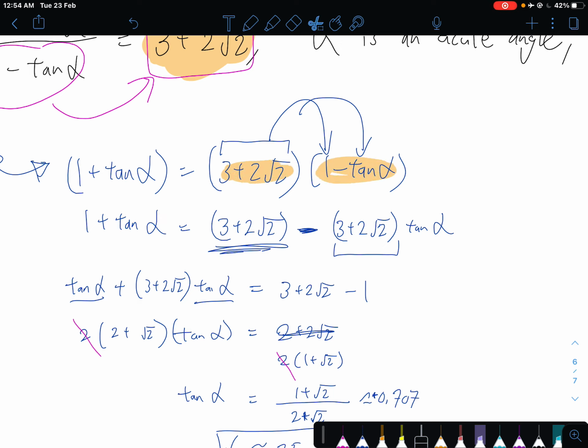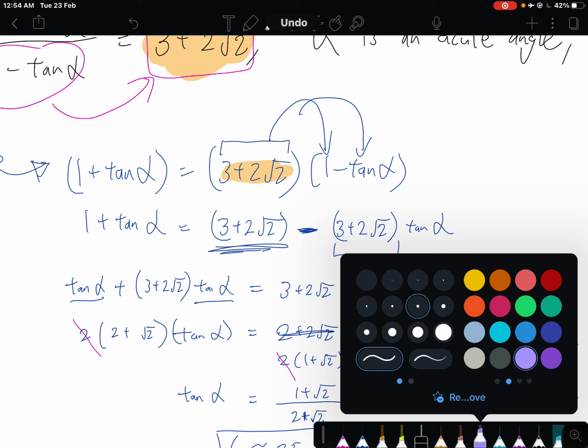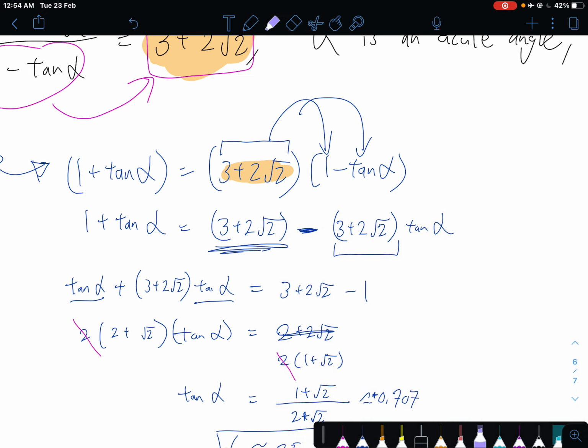Then what I did next is I realized that 3 plus 2 root 2, you can just treat as one lump. And then the 1 and the negative tangent alpha, there are two terms. So you can just distribute this 3 plus 2 root 2 into the 1, and this 3 plus 2 root 2 into the negative tangent alpha. So what happens when you do that? 3 plus 2 root 2 times 1 gives you this first term you got here.